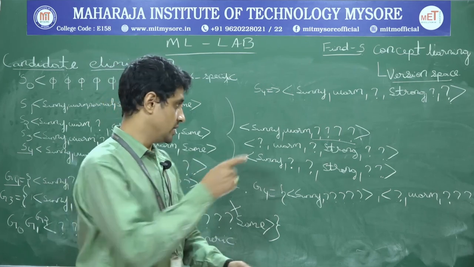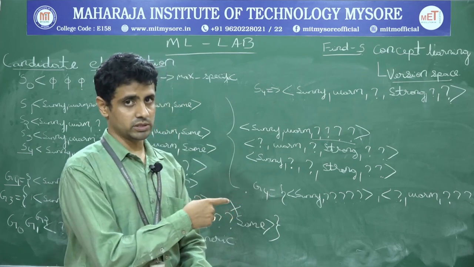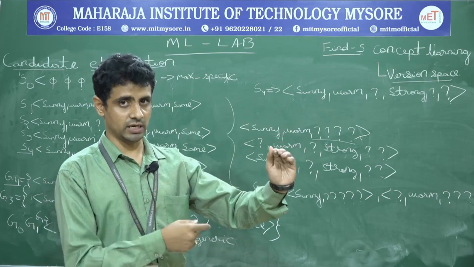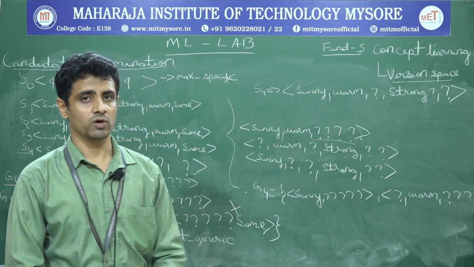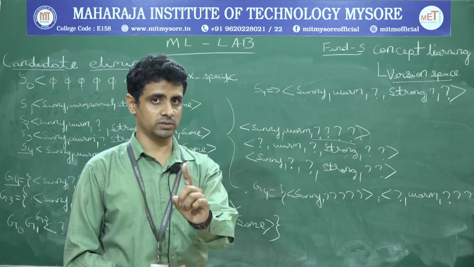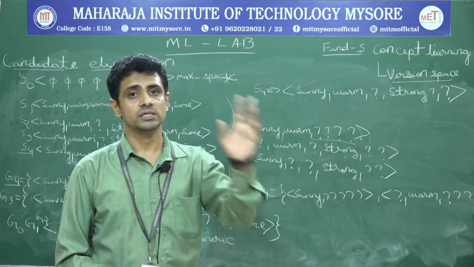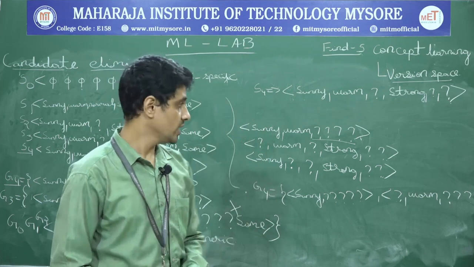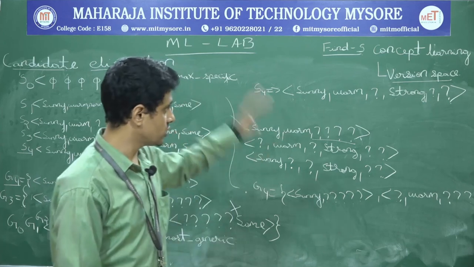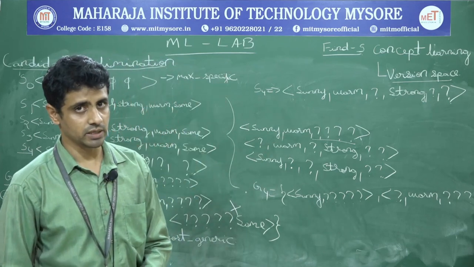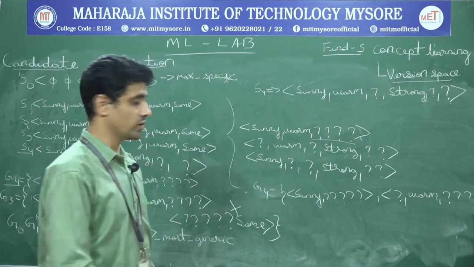Once you get the hypotheses, the specific as well as the general, which are called the boundaries here, then we can get the version space very easily, because the version space is not a single hypothesis as in Find-S, it is a set of hypotheses. Next we will see the execution of this second lab cycle program along with the code. Thank you.